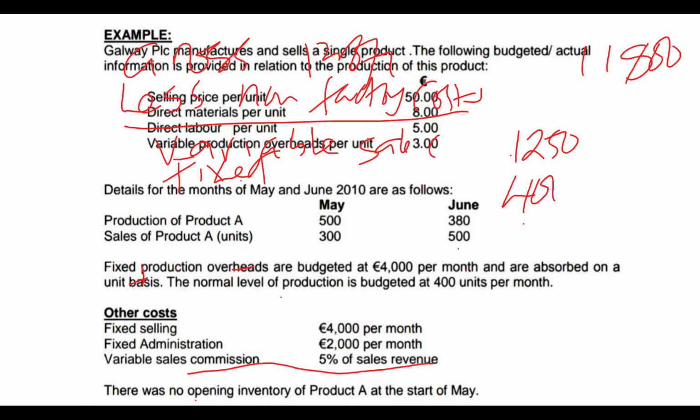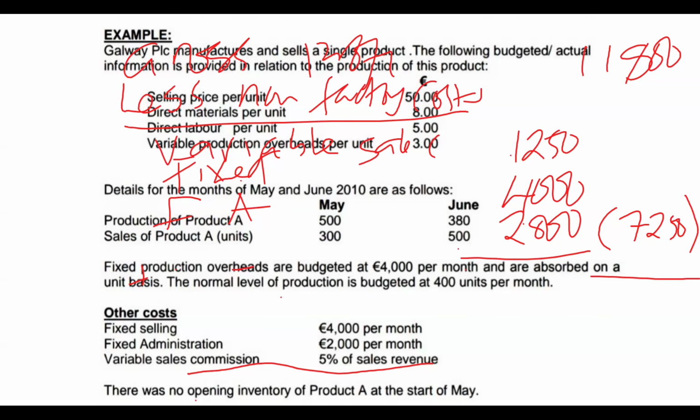Fixed selling is 4,000. We also have fixed administration cost, which is 2,000. Add all these costs. What do you find? And you push in the last column. This should be 7,250.